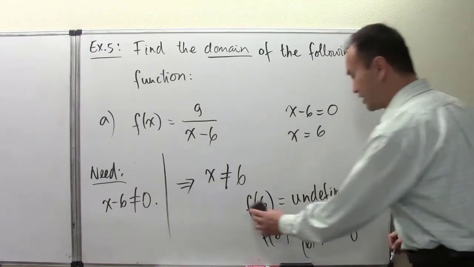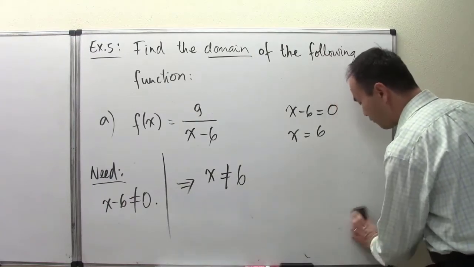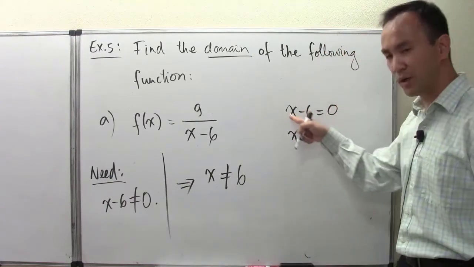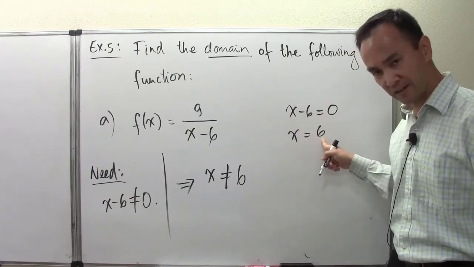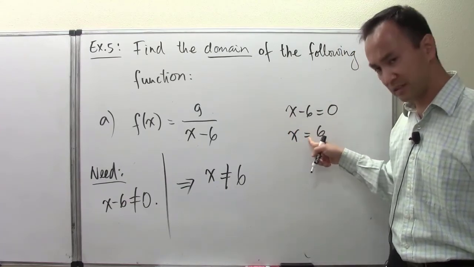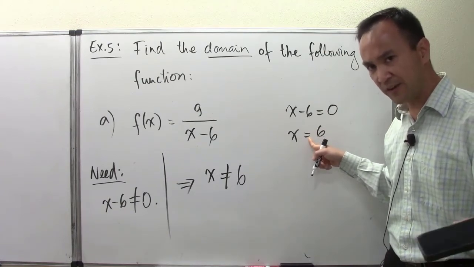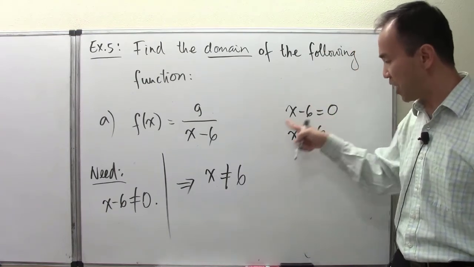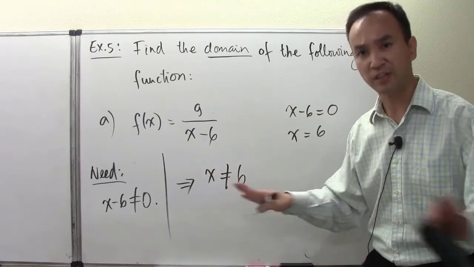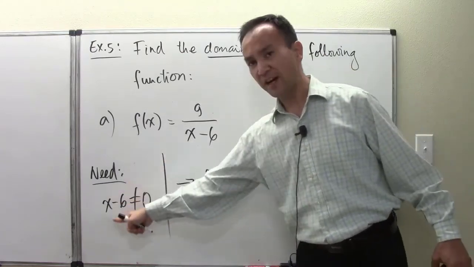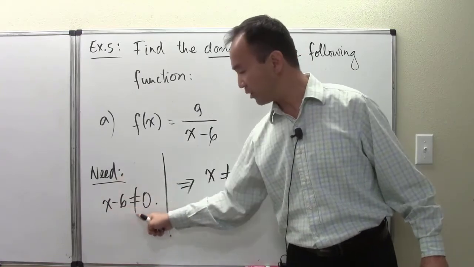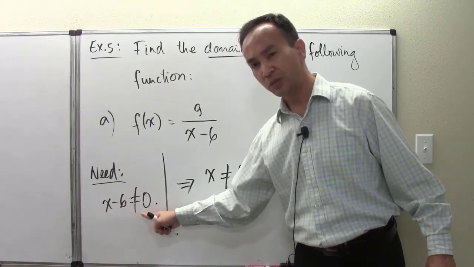So now everyone hopefully is clear on why I was setting the denominator equal to 0 and then solving for x. The x values that you have solved from that equation, we're going to rule them out and take them out. That's why, as a plan, we need the entire denominator to be non-zero.